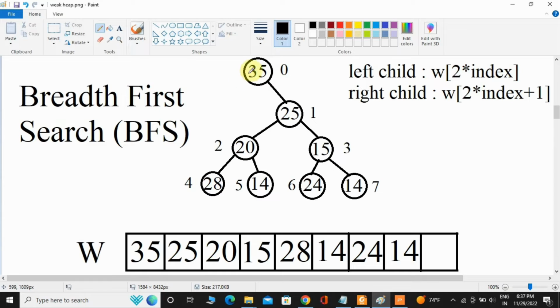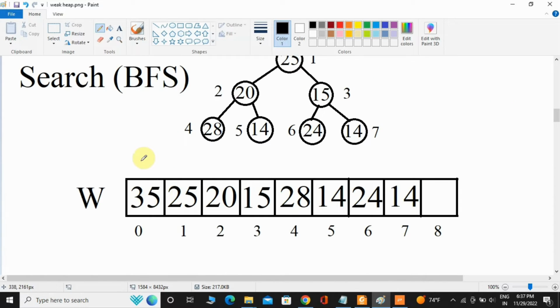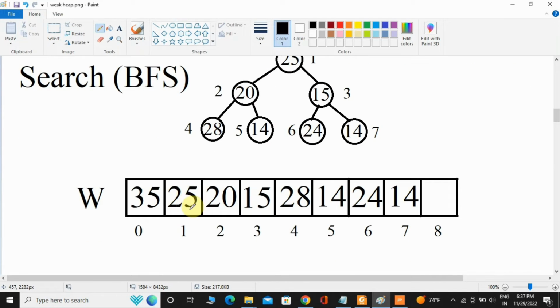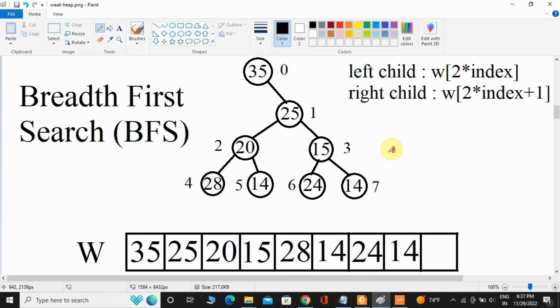So 35 should go to the 0th position, and 25 should be in the first index. 20 should be at second index, 15 at third index, 28 on fourth index, 14 on fifth index, 24 on sixth index, and finally 14 should be on 7th index.